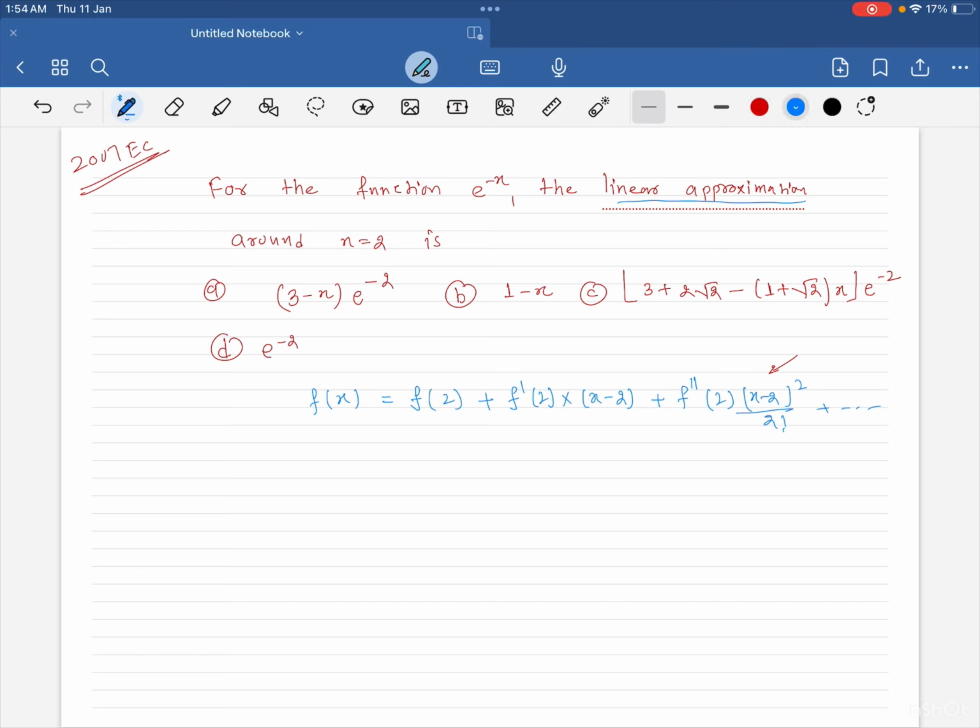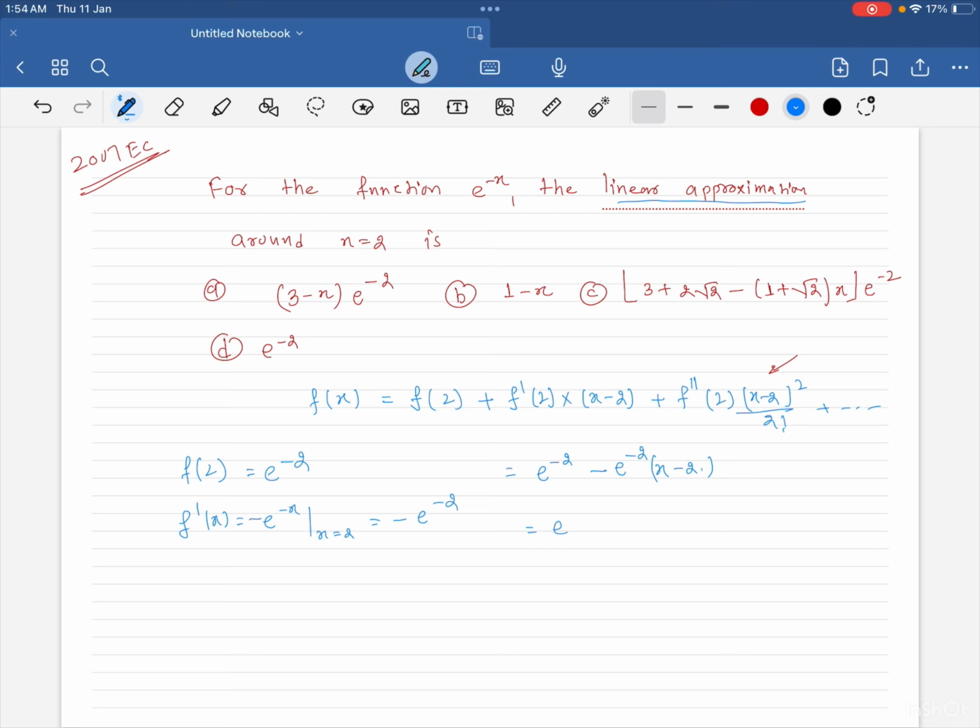So f2 will be e to the power minus 2 and f dash x will be e to the power minus x minus, and at x is equals to 2 it will be minus e to the power minus 2, right? So we can write this as e to the power minus 2 plus, that will be not plus but minus e to the power minus 2 x minus 2, right?